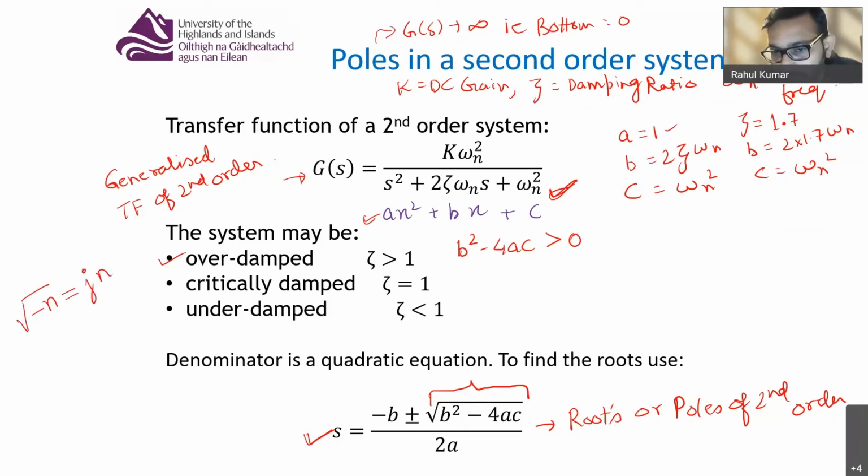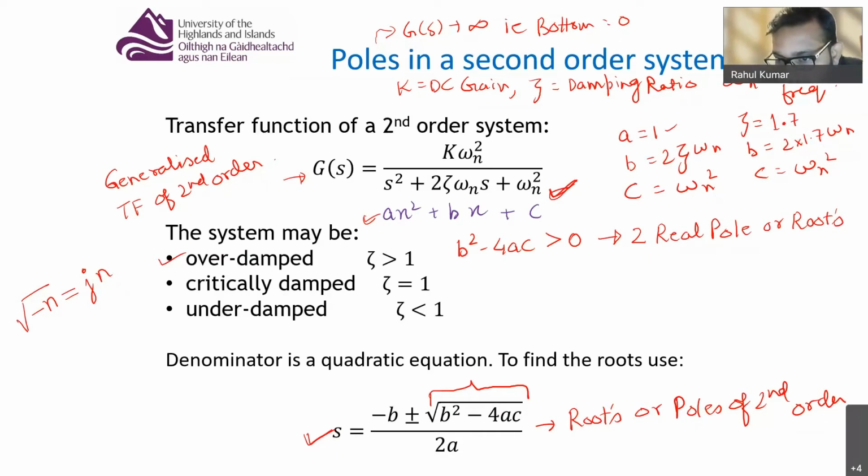Since within the square root we have a positive number, we can say if zeta is greater than 1, I will get two real poles, or we can say two real roots. Whether they are positive or negative numbers, there will be no imaginary number.